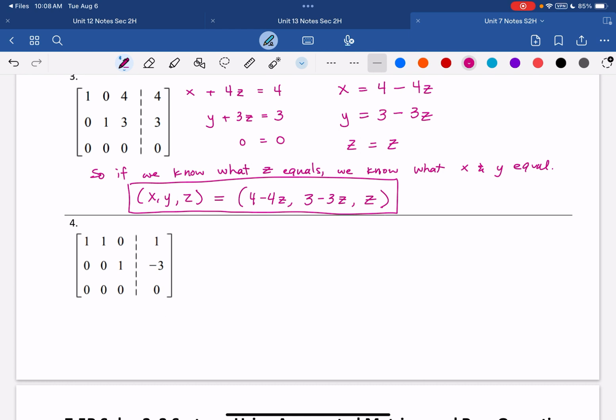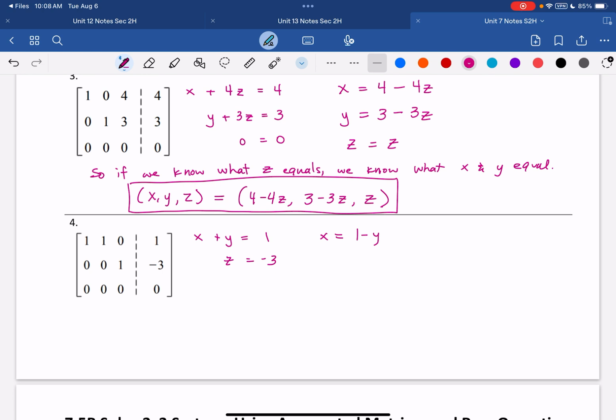Now this one is very interesting. Top row, we have x plus y equals 1. Middle row, we have z equals -3. And bottom row, we have 0 equals 0. Okay, so we have an infinite number. We know for sure z equals a number. In the top, we could say x is equal to 1 minus y. We know z is equal to -3.